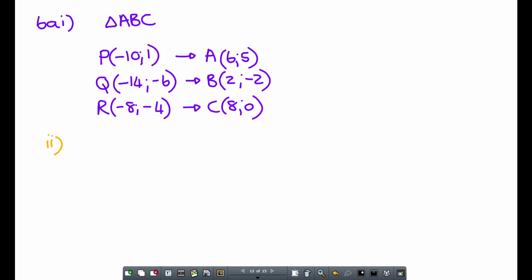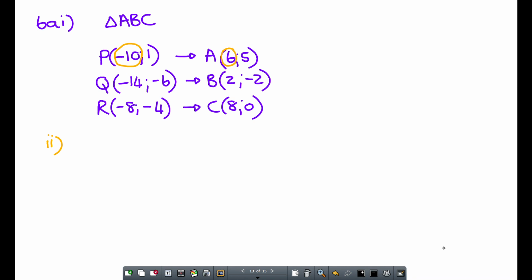Okay. 2 says, describe the translation from the position of PQR to the position of the congruent triangle you named in A. Okay, so don't look at the picture, look at the coordinates. We went from minus 10 to 6.